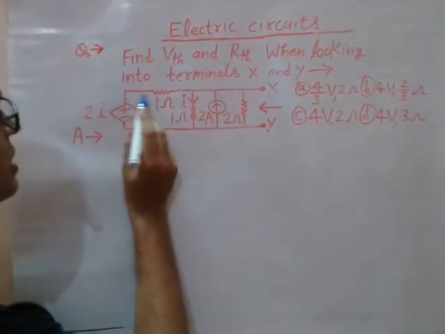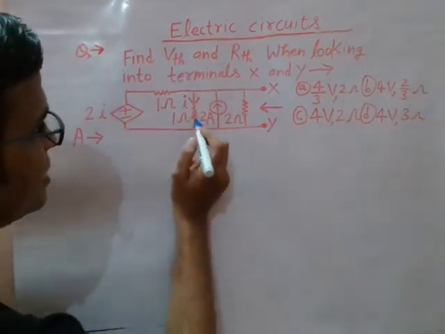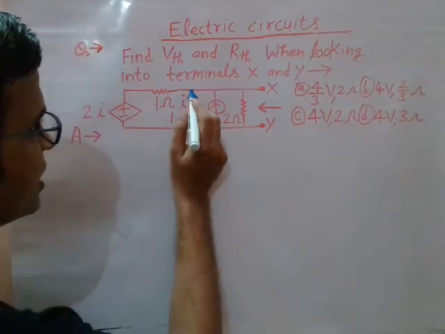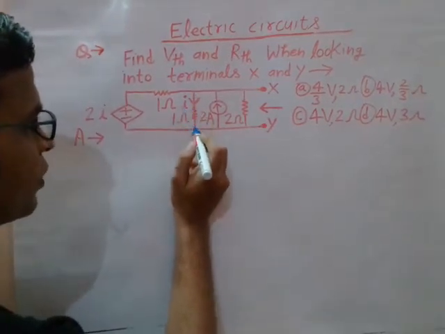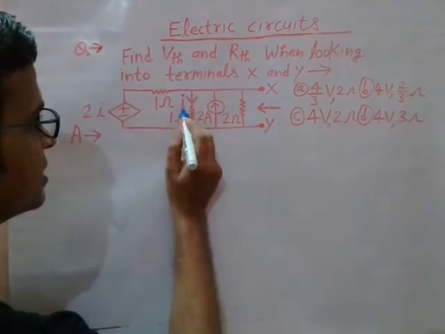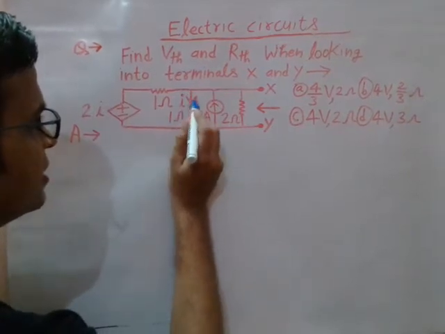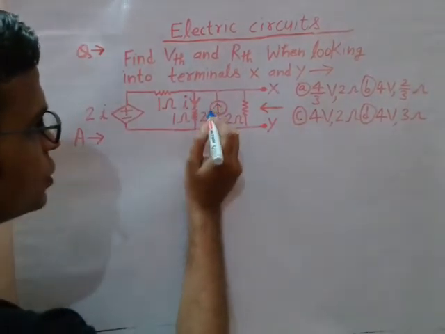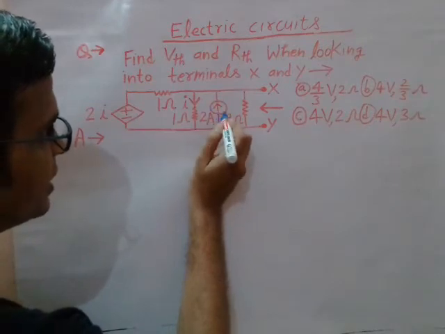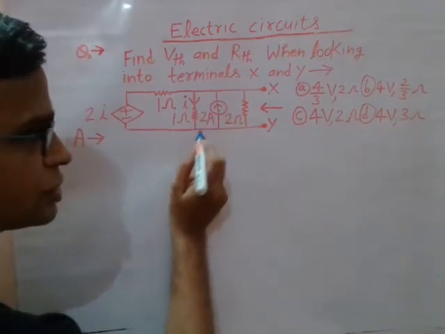Now, in series with this, a 1 ohm resistance is connected. This is a 1 ohm resistance in which the current I, small i, is flowing. Small i is indicated in this question. Now have a look at this. This is definitely a current source.